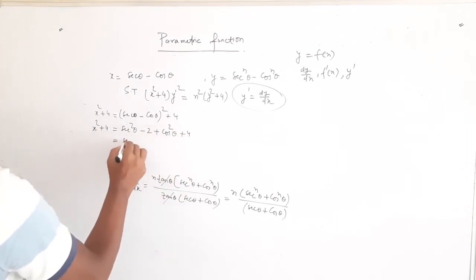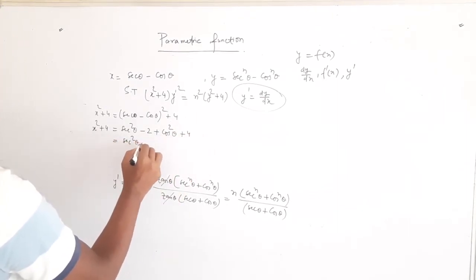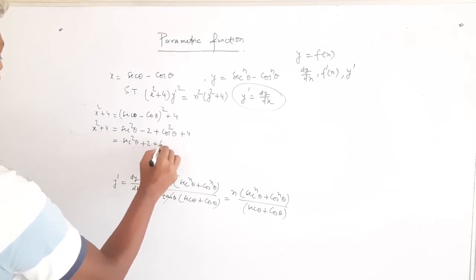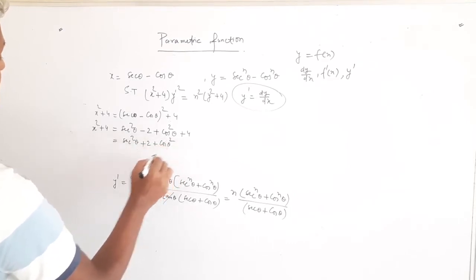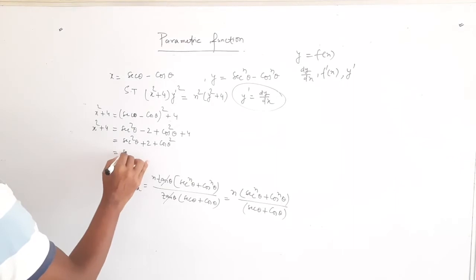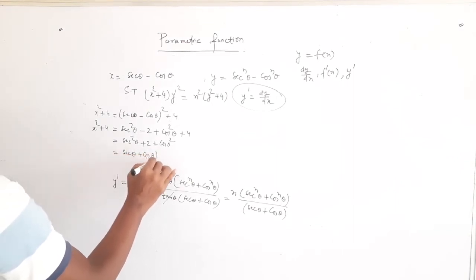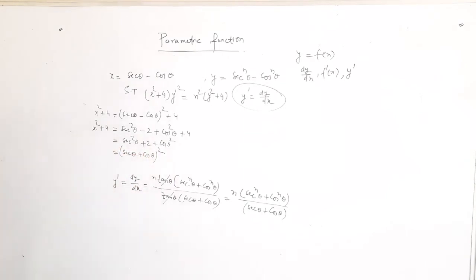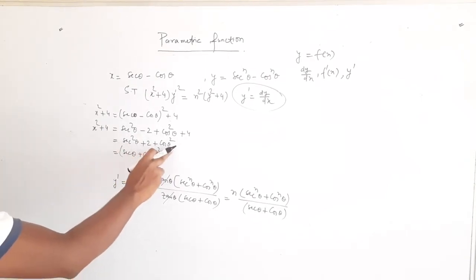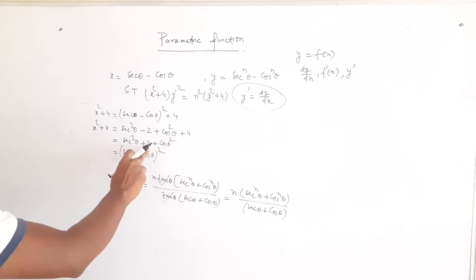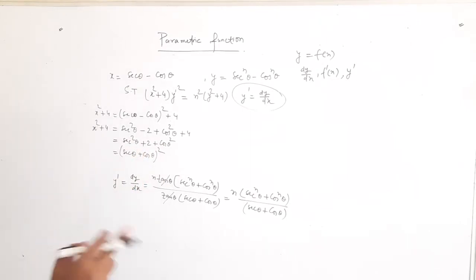So this becomes sec square theta plus 2 plus cos square theta. This is (sec theta plus cos theta) whole square, because a square plus b square plus 2ab, and 2 sec theta cos theta is 2.